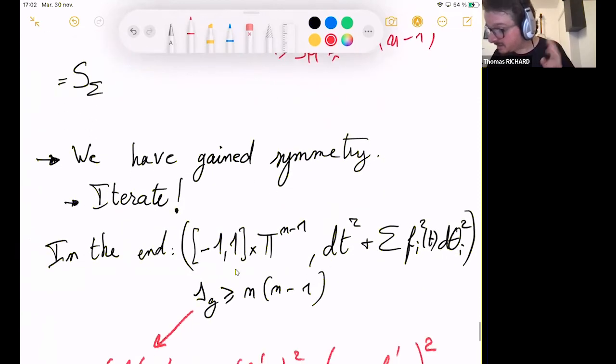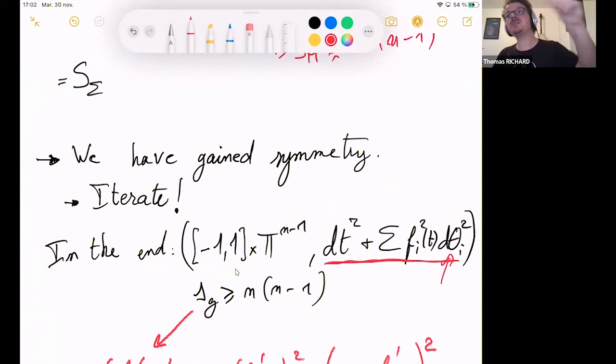And in the end, I get a metric of this form, which has a lot of symmetries, like you can translate each of the theta i and I won't have changed S_G.